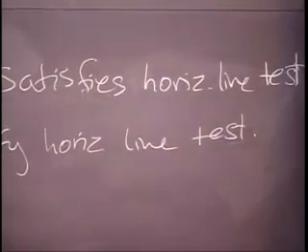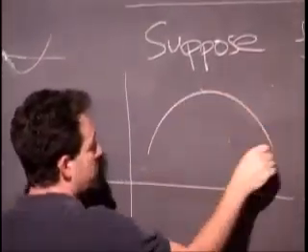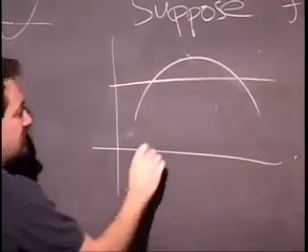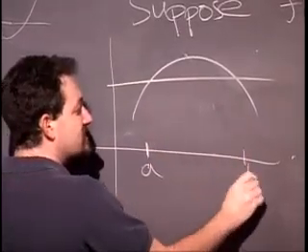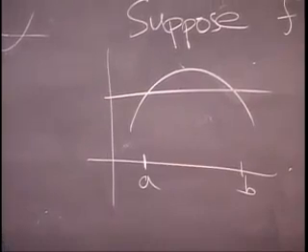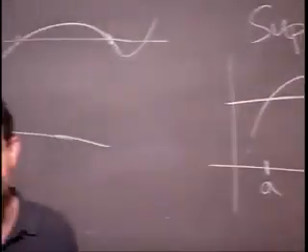Suppose there's a horizontal line which intersects the curve at least twice. Well, if it intersects the curve at least twice, then it does intersect the curve twice. Maybe more, but twice.